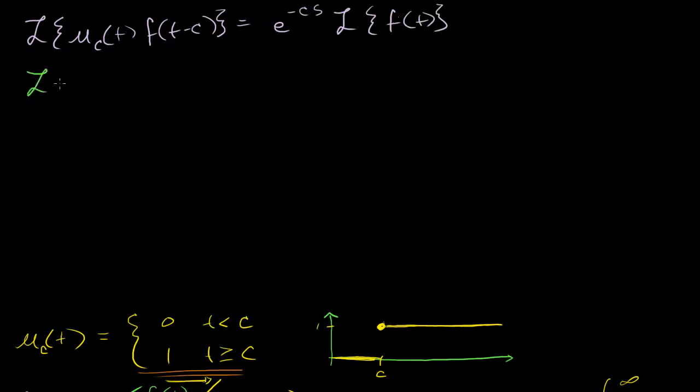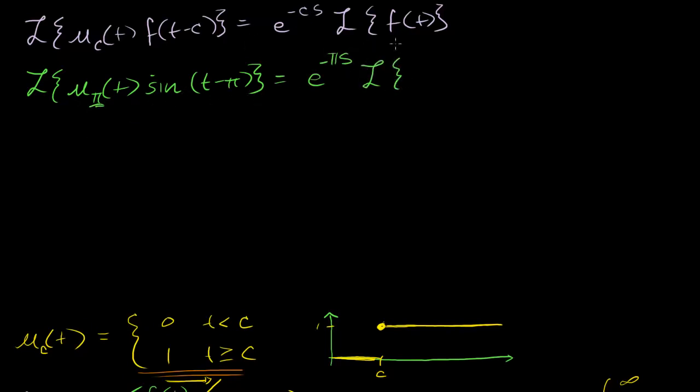So this is what I was doing right before the pen tablet started malfunctioning. If we want to take the Laplace transform of the unit step function that goes to 1 at pi, times the sine function shifted by pi to the right, we know that this is going to be equal to e to the minus cs. c is pi in this case, so e to the minus pi s times the Laplace transform of the unshifted function.